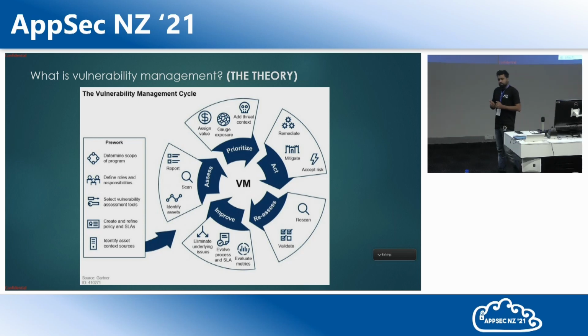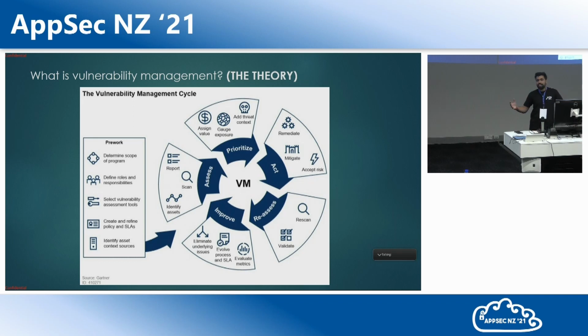The next step is prioritization. You prioritize all the findings and vulnerabilities based on their threat context. Afterwards, we can choose either to apply mitigation steps or accept the risk, which is usually not a good idea. The fourth step is reassessment.